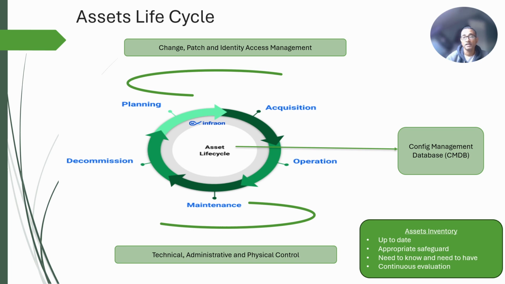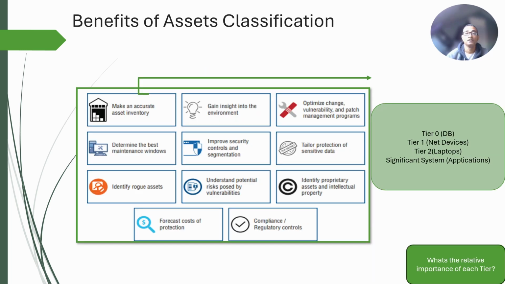It is important to note, as we also said in the last video, that your asset inventory, to have a proper life cycle, should be up to date, appropriately safeguarded, have need-to-know access and usage, and be continually evaluated. What are the benefits of asset classification?